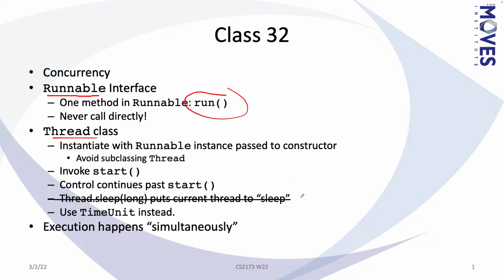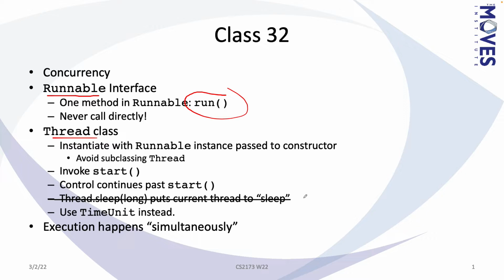Now, typically you will have multiple threads all competing for resources. And if you're not careful about how you do that, at least in the basic version, sometimes you need to put a thread to sleep for a while. You say, go to sleep for a little bit. In working examples, we're going to put things to sleep just to mimic doing an expensive or time-consuming operation. What might that be?